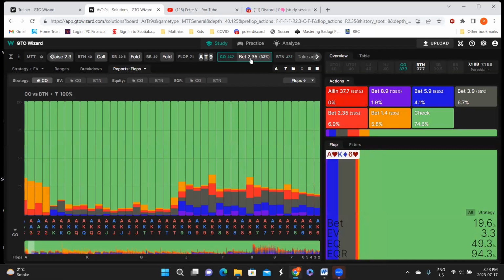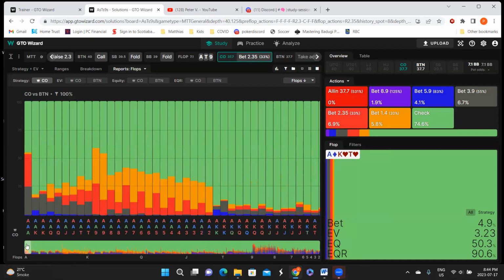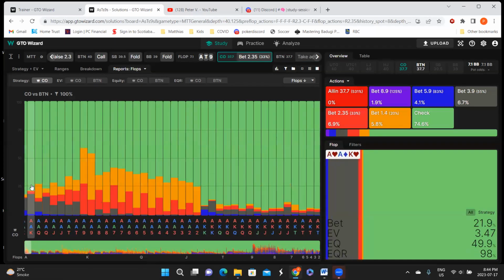So the cutoff's range construction. And so this is going to be across all flops, right? This is 25%, 50%, 75%, 100%. The green is all their checks. And so when we look, we just see a sea of green down to this point.